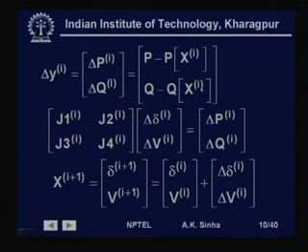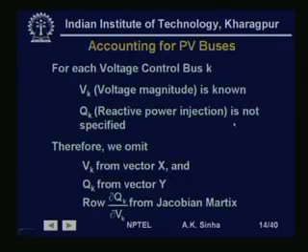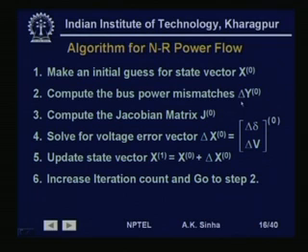So, using this we can find out this delta P and delta Q, which is basically our delta y. So, compute the bus power mismatches delta y.